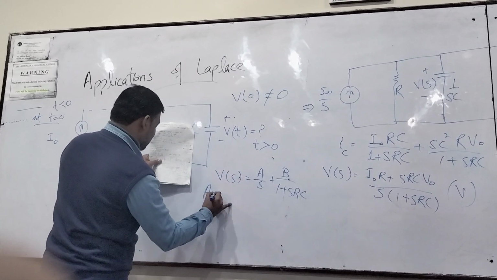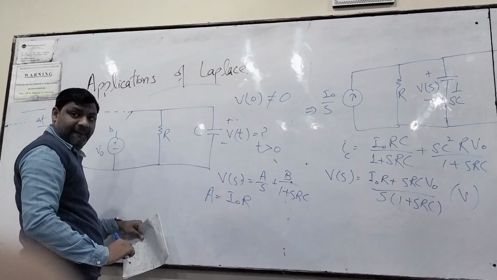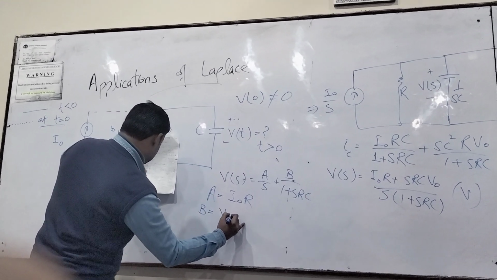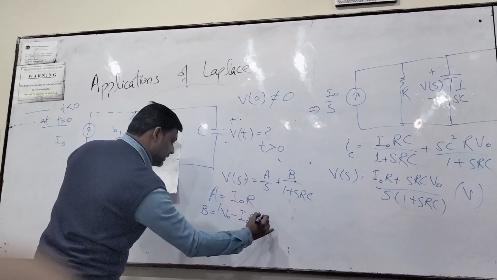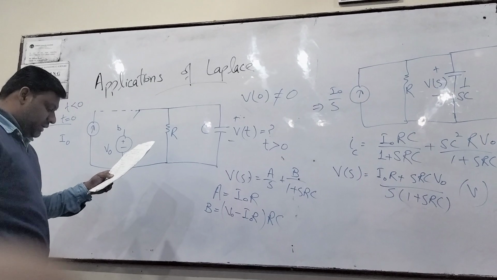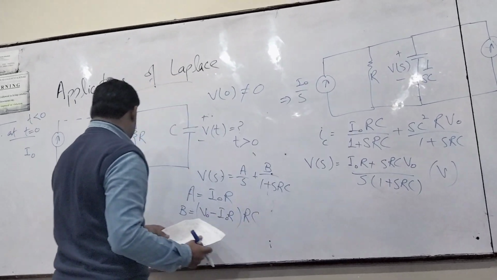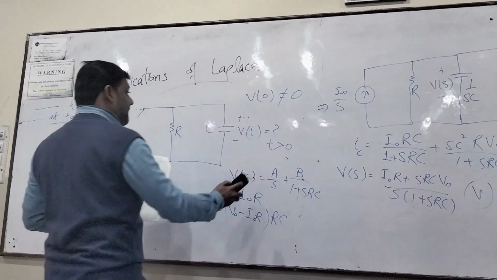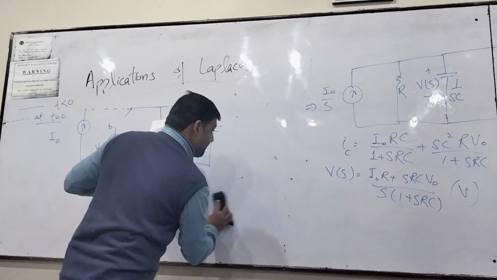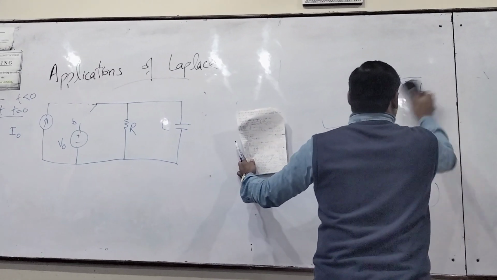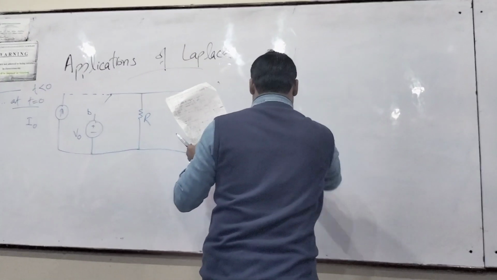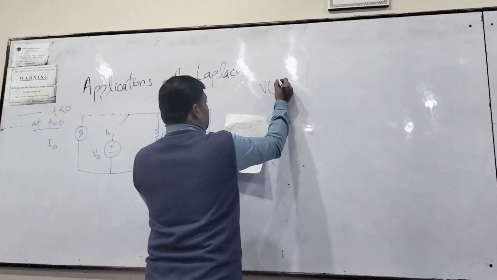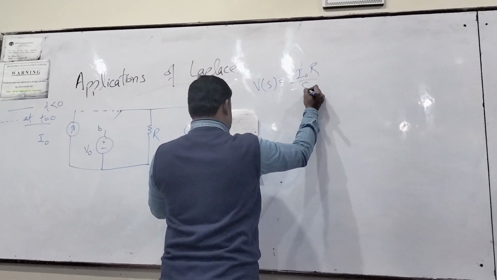A is I naught R, and the value of B is V naught minus I naught R multiplied by RC. So my function is I naught R over S.